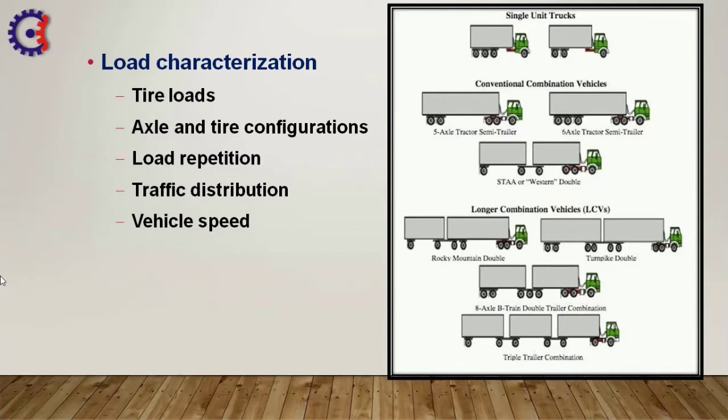All are required parameters necessary while designing for the loads. In this lecture we are going to discuss tire loads, axle and tire configuration, load repetition, traffic distribution and vehicle speed.